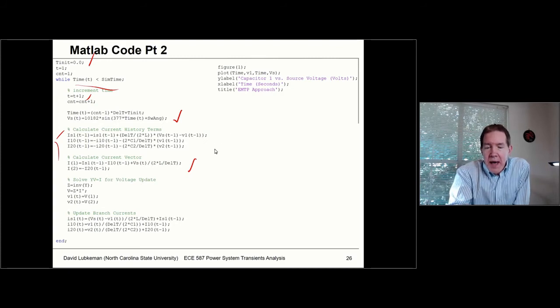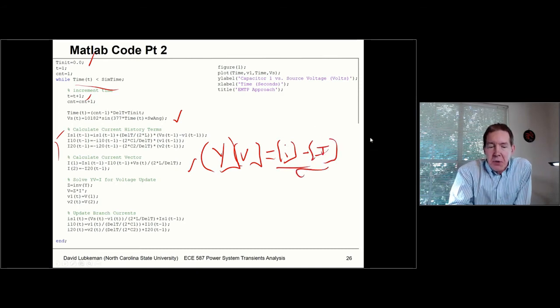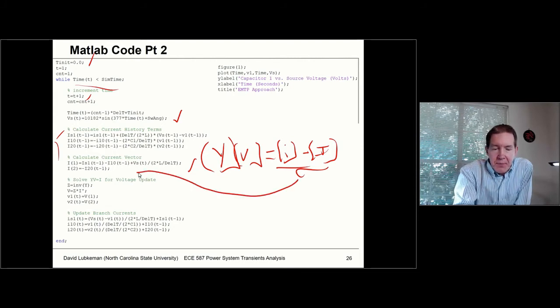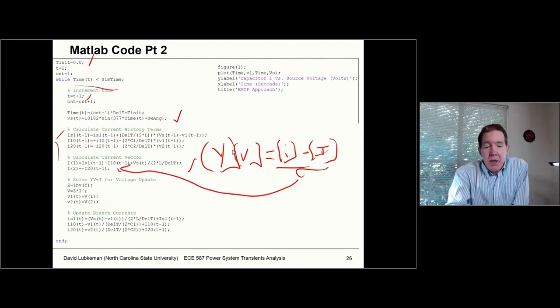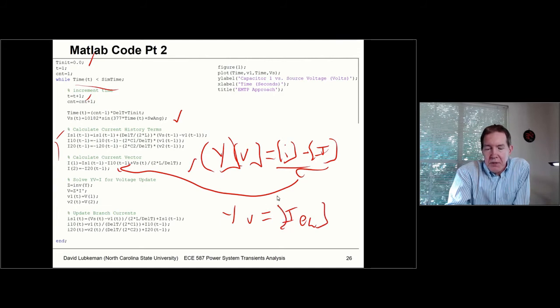So where I had YV before equal to this small i minus this capital I, both these terms combined together are now represented here. And then I'm going to solve YV equal to, you can call this Y equivalent.